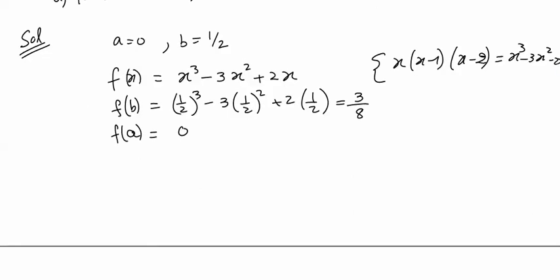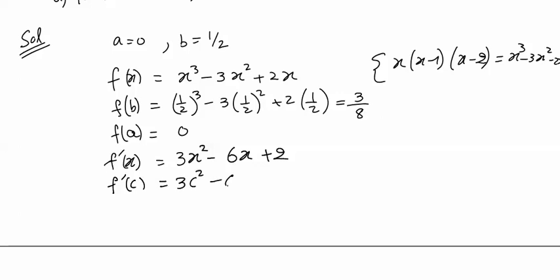Now we also need f dash of x. Differentiation of x cube will become 3x square minus 6x plus 2. So f dash of c will become 3c square minus 6c plus 2.